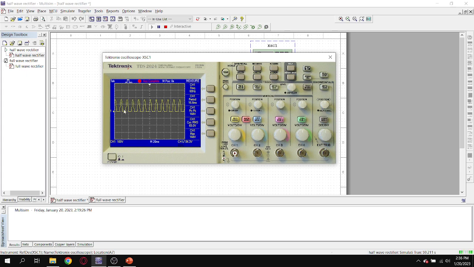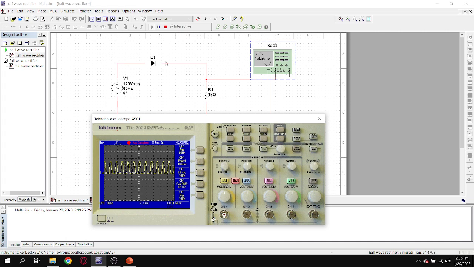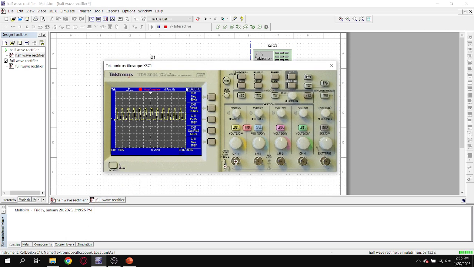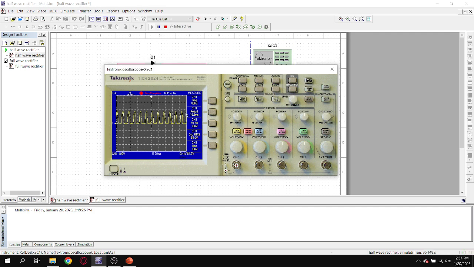That is because the signal is now flowing in only one direction, which is up, and it doesn't flow back, which is what we see here, with no readings at the bottom of the wave. The wave now only goes up and down, which means technically this is a DC signal that we're seeing right now.